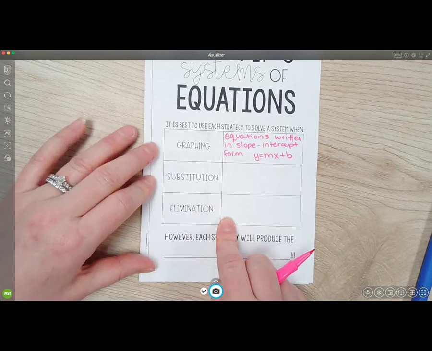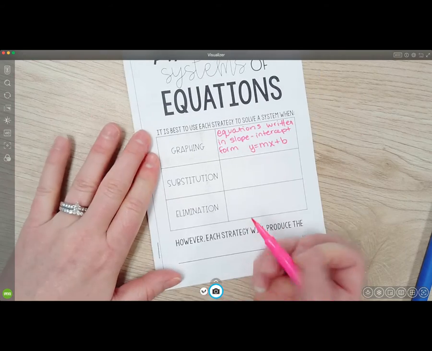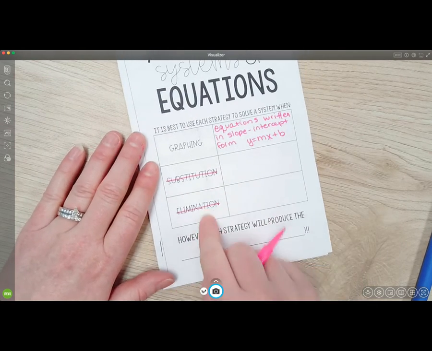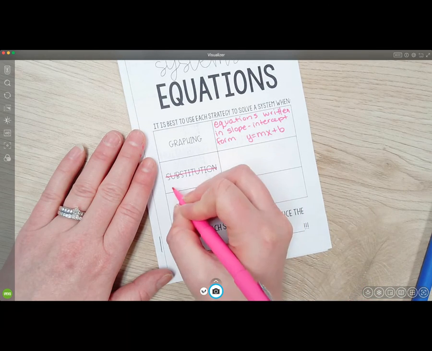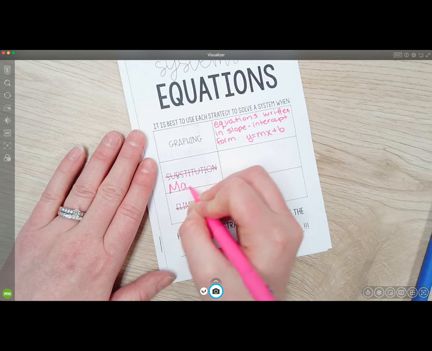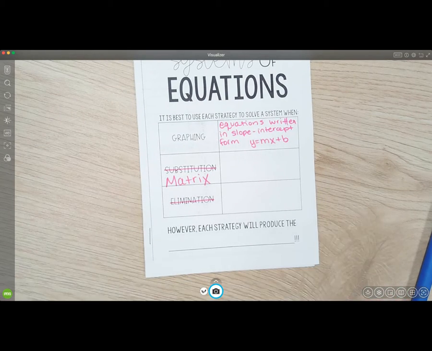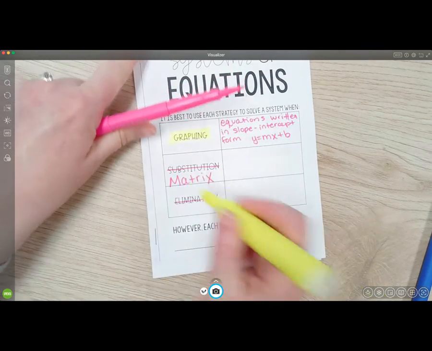Substitution and elimination is something that we're going to learn later. So what we are going to focus on, I'm just going to mark these out for now. Honors, we did these, so you can look back at your notes on how to do substitution and elimination. But what we are going to do is focus mainly on matrix. So you're either going to solve by graphing or solve by matrix.